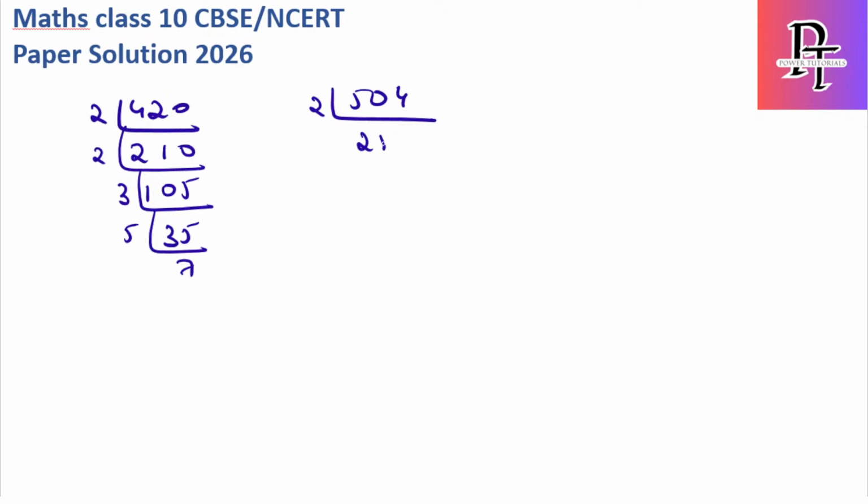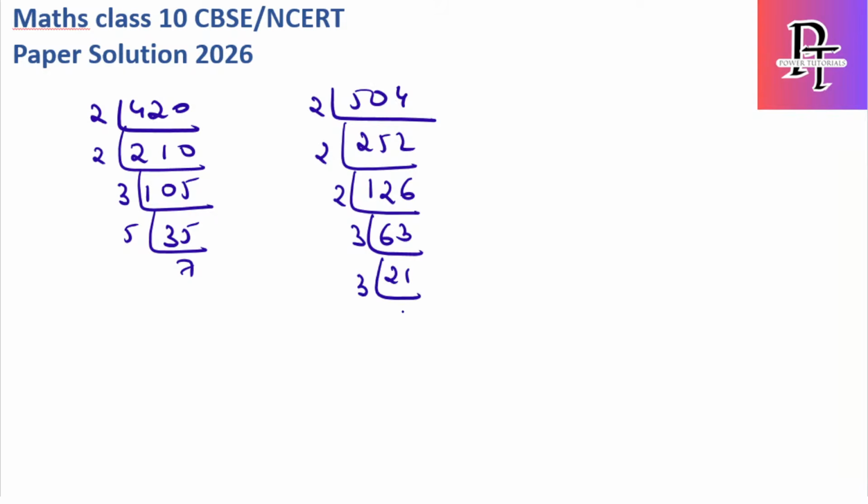So 2 252, and again 2 126, again 2 63, 3 21s, and 3 7s. So 420 I can write as 2 square into 3 into 5 into 7, whereas 504 I can write as 2 cube into 3 square into 7.